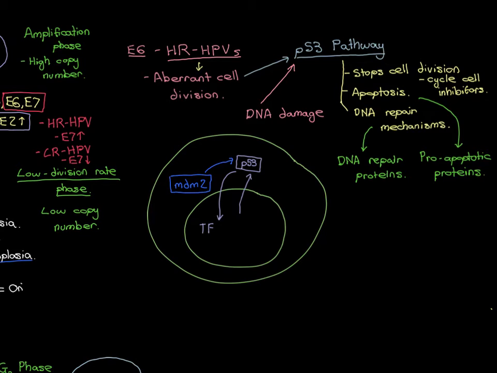In addition to just binding to it and stopping it from performing its function, it also acts as a ubiquitin ligase. So MDM2 is something called a ubiquitin ligase, and this is an enzyme which attaches ubiquitin molecules onto the sides of other proteins.